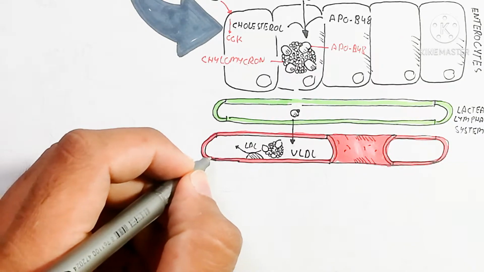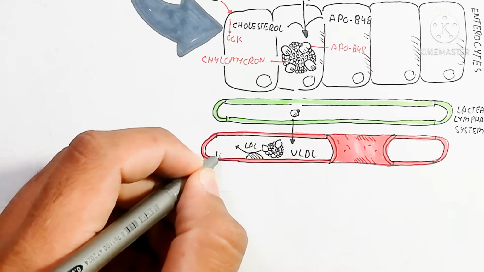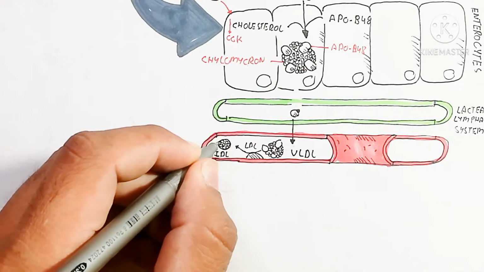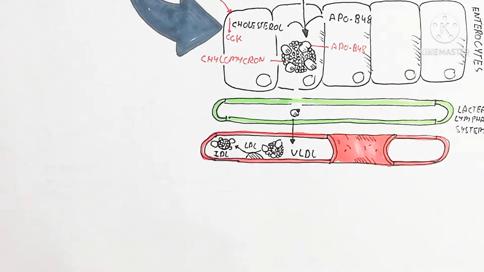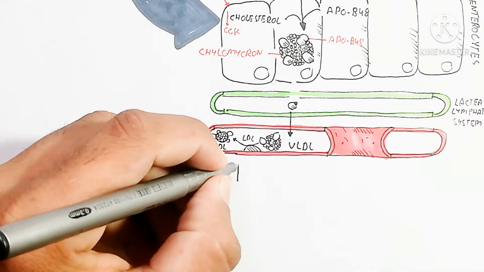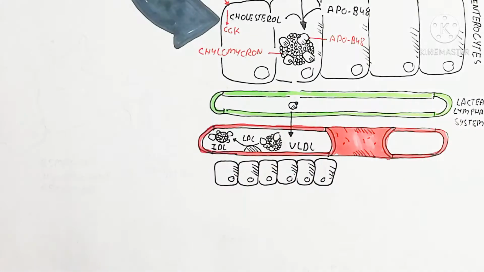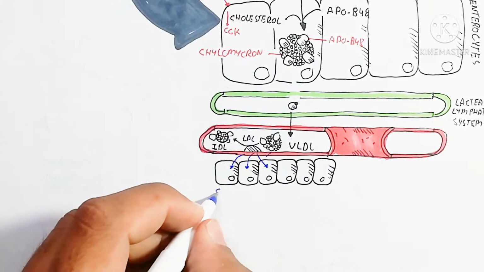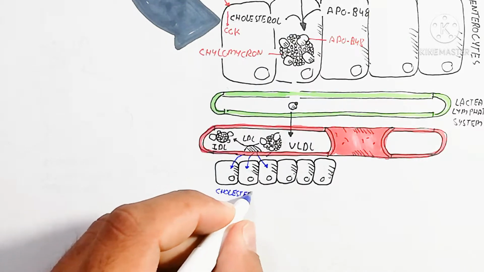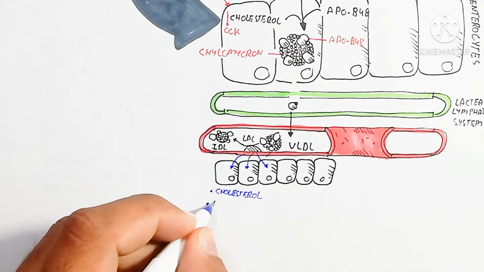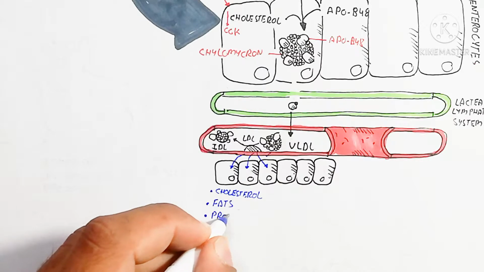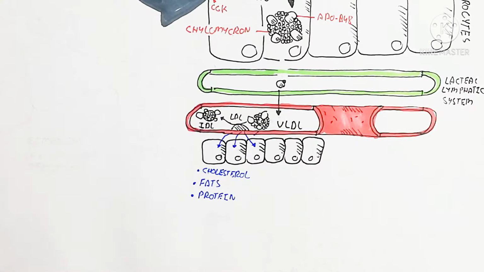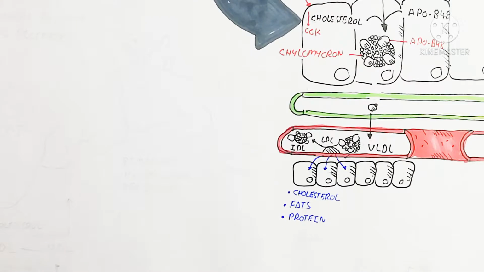These endothelial cells contain lipoprotein lipase enzyme, which is used to break down the fat and cholesterol, which then enter into the tissue. After entering, there can be cholesterol, fats, and protein. When fats, cholesterol and protein enter into the cell, the rest is converted.